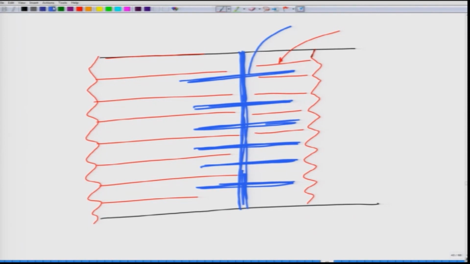These were the very early observations, and based on that the naming happened: the thick filament and thin filament.